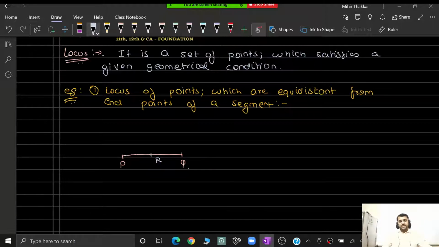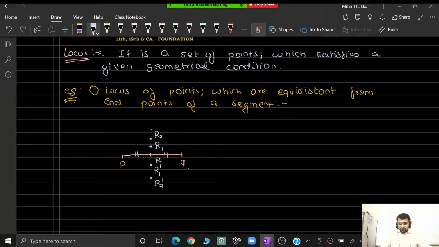But it is not necessary that only the midpoint which lies on the segment PQ has to be equidistant from the points P and Q. The point which is above this, let me call it R1, or the point which is below this, let me call it R1 dash. Obviously, one more point above R1 can be R2, or the point below R1 dash, which is R2 dash.